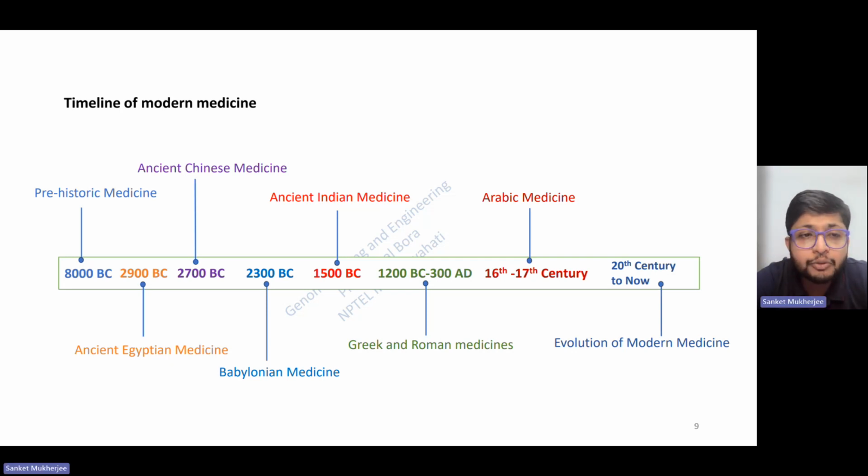It is very intriguing to know how people in that era, with so much less technological advancement, were able to find solutions to problems which are even relevant now. That is a question that people do ask. But anyway, for example, personalized medicine was discussed in Ayurveda as well. So that's very interesting to find out.